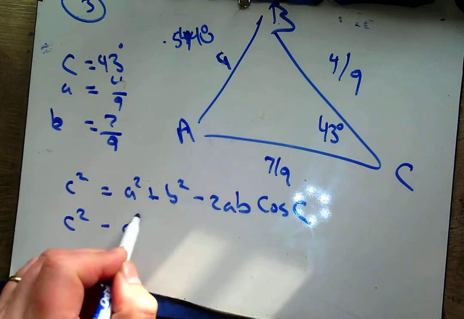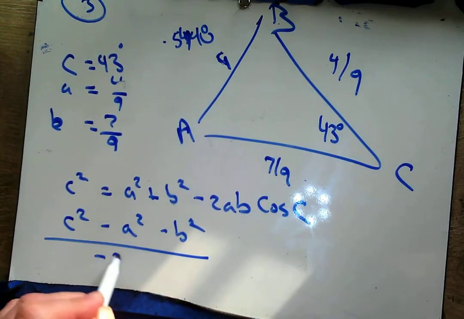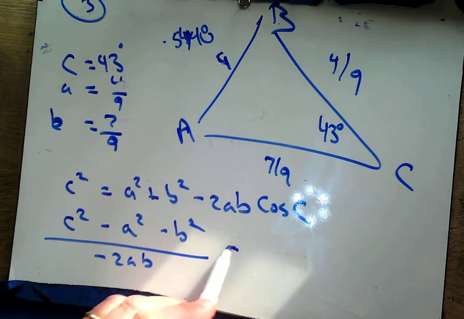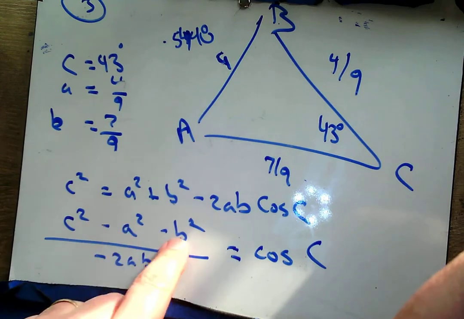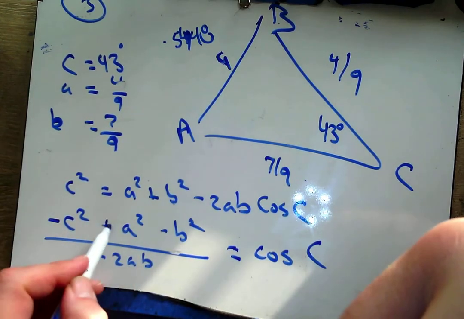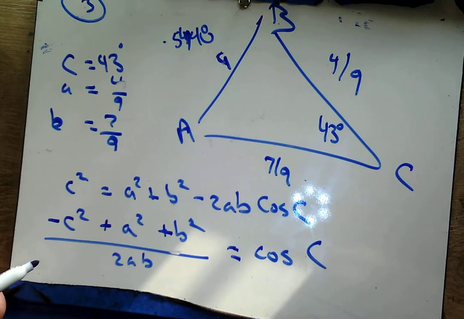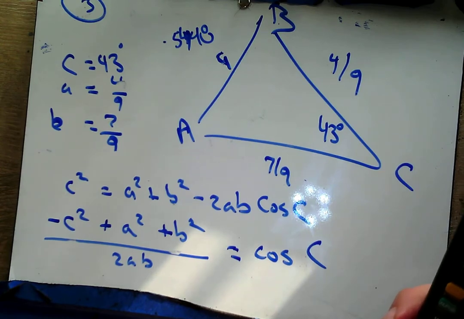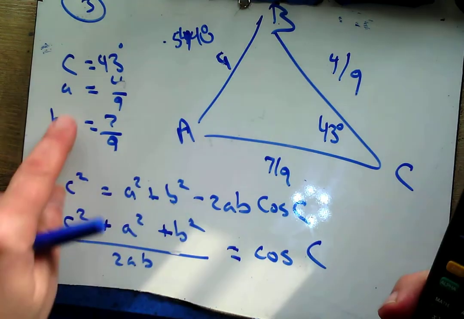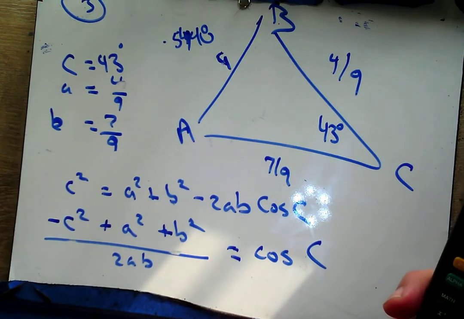C squared minus A squared minus B squared over negative 2AB is going to be cosine C. Okay, that feels a little different. So let's take a look. We've got our C as 0.5448.